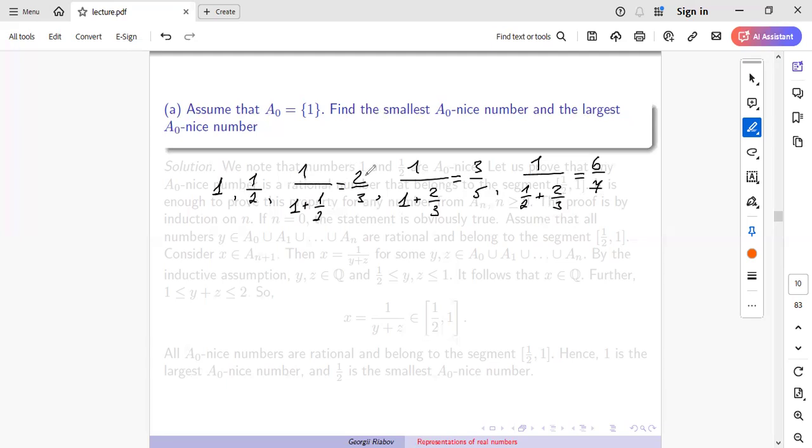And we can take 2/3 and 2/3. We will obtain 3/4. So these are some A0-nice numbers that we can obtain. And here, in fact, we see that we don't obtain numbers bigger than 1, and we don't obtain numbers less than 1/2.